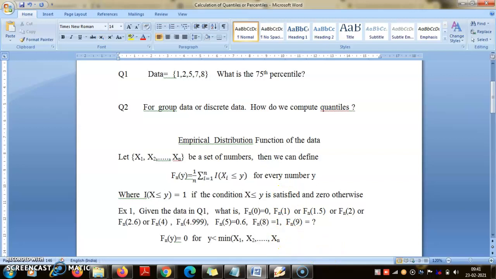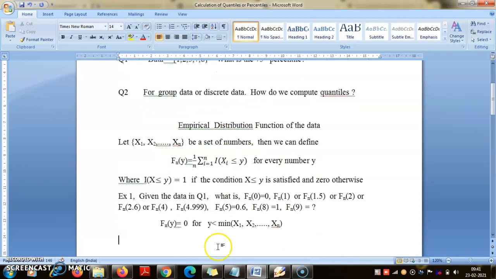If you take any value of y less than the minimum, I think you can understand why, right? Because all the numbers will then exceed this y.